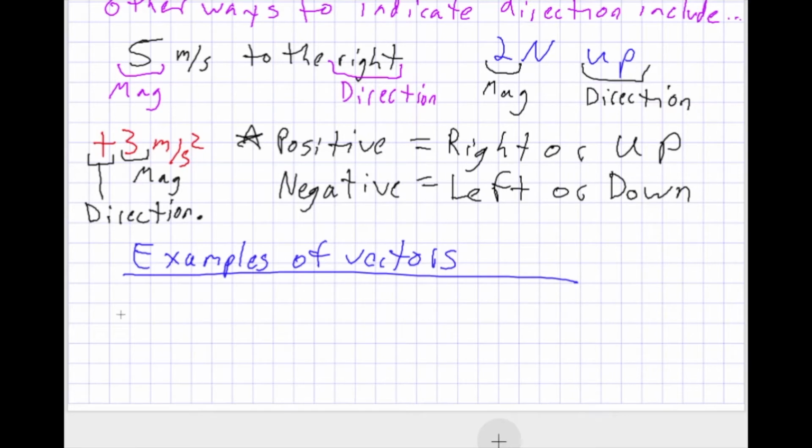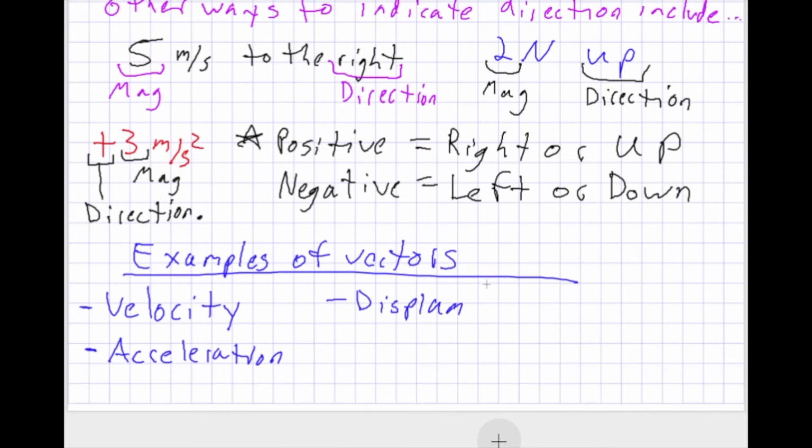Velocity can be positive 10 meters per second or negative 10 meters per second. So velocity is going to be a vector. We talked about acceleration. Acceleration can be positive 10 meters per second squared or negative 9.8 meters per second squared. We also have talked a little bit about displacement, and displacement can be positive 10 meters or negative 10 meters.